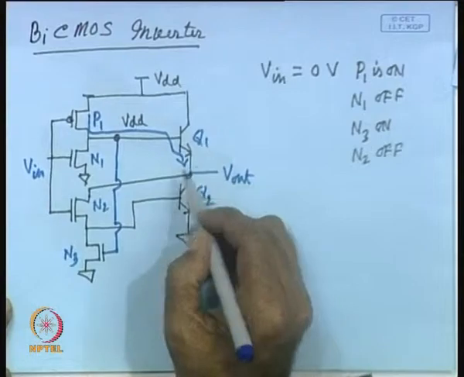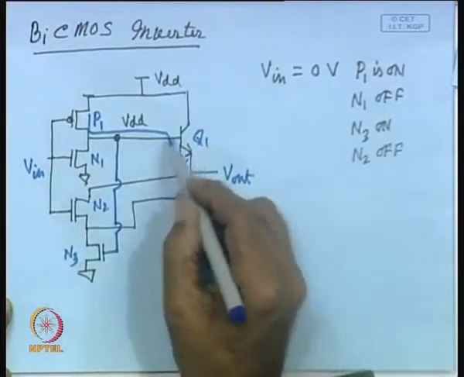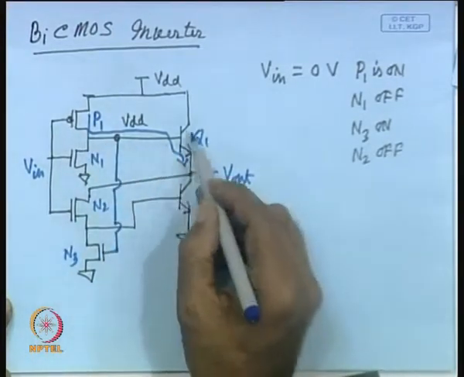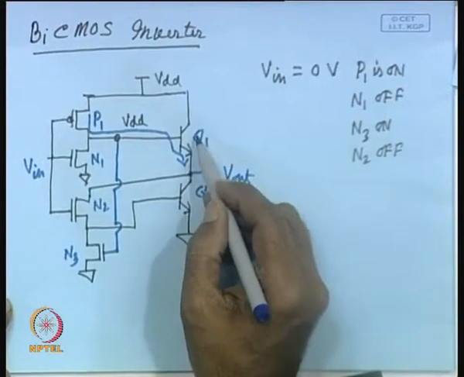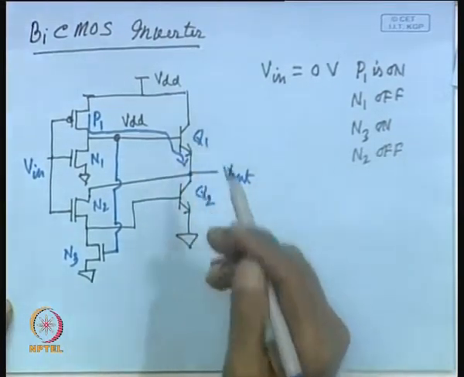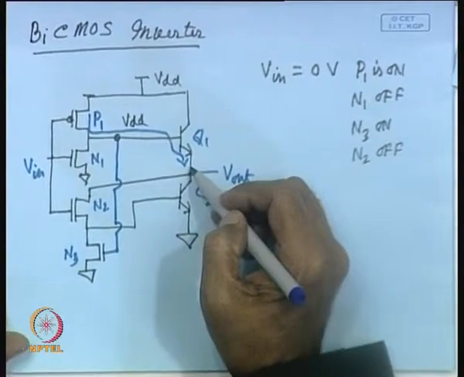So, this will be the base current. The drain current of P1 is the base current of Q2, and obviously Q2, if it is having beta of 100, the current that it will be able to supply is 100 times that of the drain current of the PMOS transistors. So, it will be able to supply very large current.